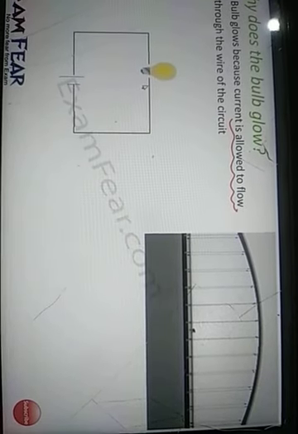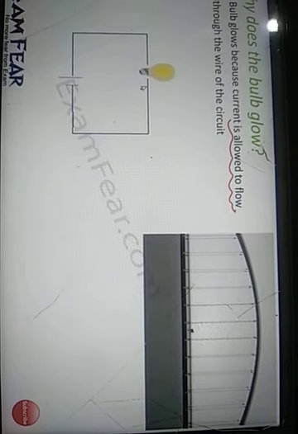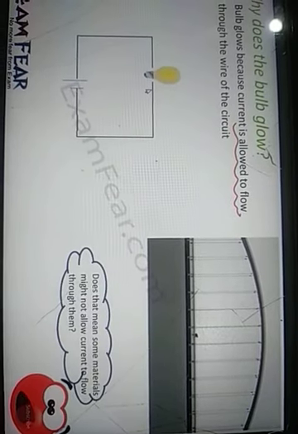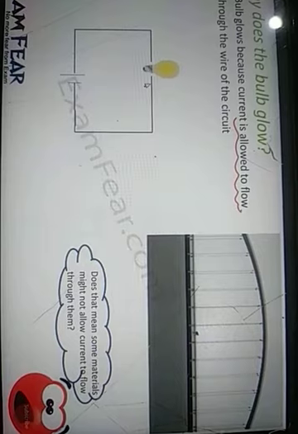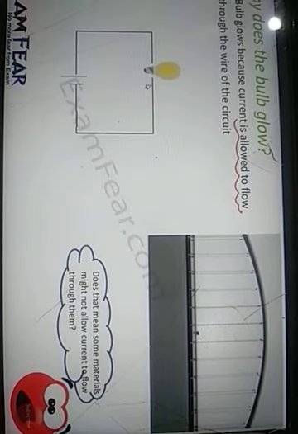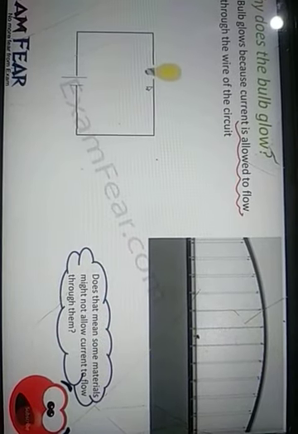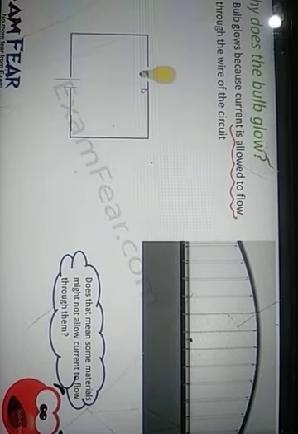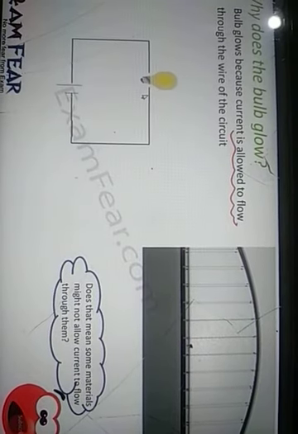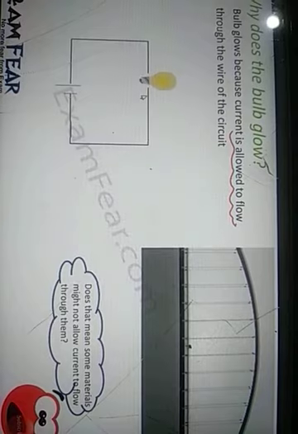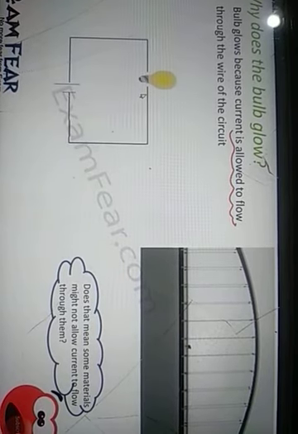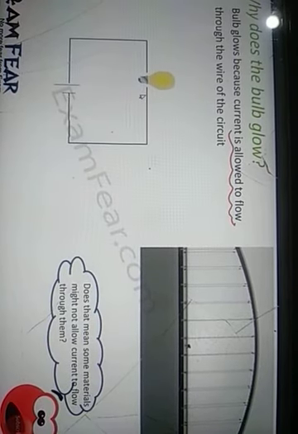But in this case the circuit is closed, but still the bulb would not glow. So this means that there might be some material which does not allow current to flow through it. Yes, exactly. It is not necessary that all the materials allow current to pass through them. Therefore, in an electric circuit we make use of such materials which allow current to flow through them.